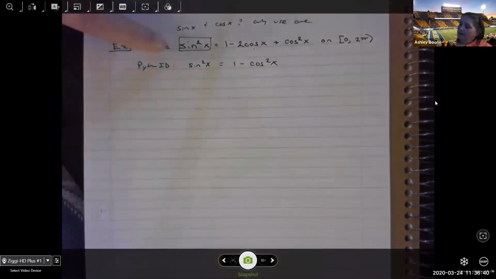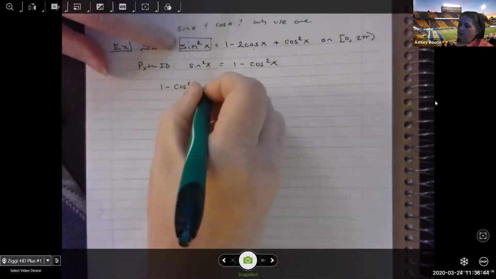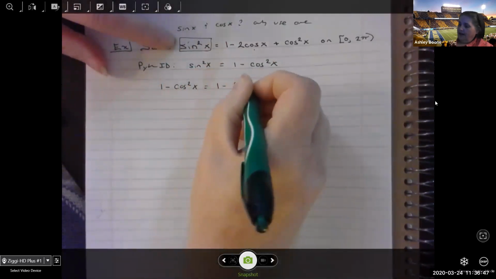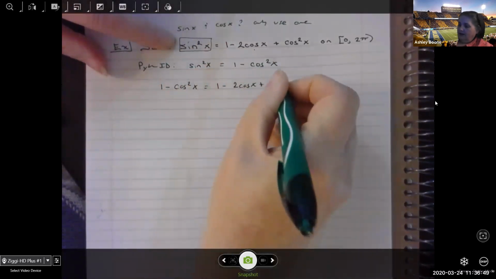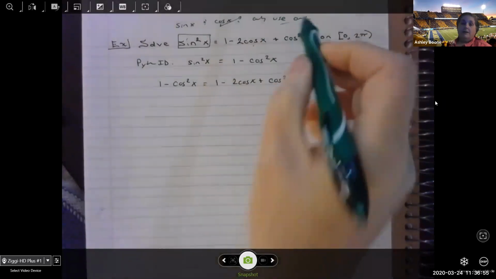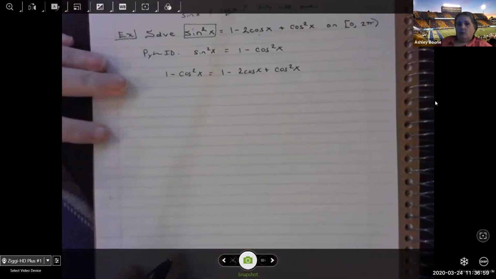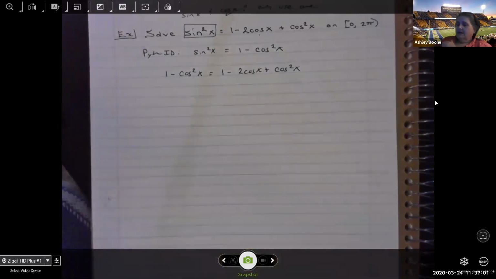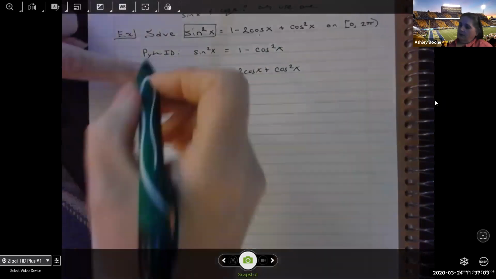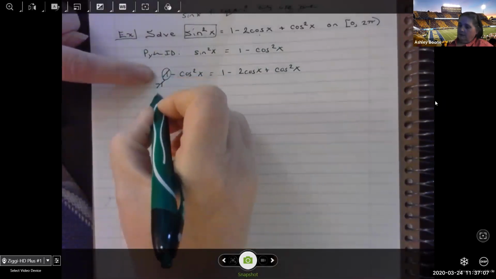So I can make this equation 1 minus cosine squared x equals 1 minus 2 cosine x plus cosine squared x. Now I have only cosine involved. That would be good. Let's see if factoring could help us out at all. We have lots going on. So I need 0 on one side. I'm going to get rid of this 1 by subtracting a 1. 1 minus 1 is 0.